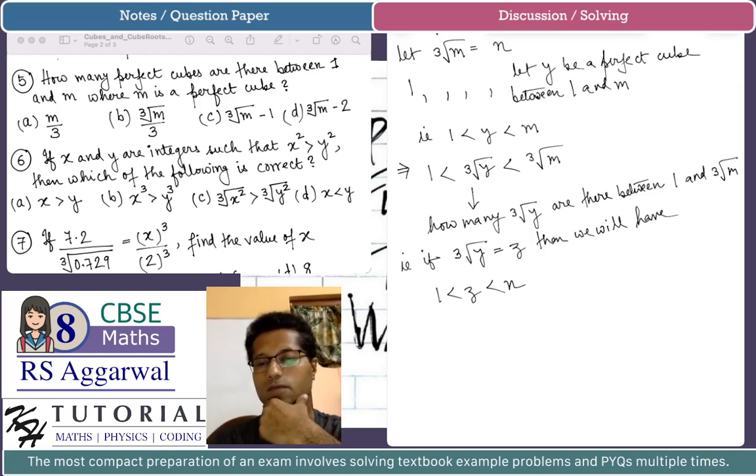And we were asked to find how many perfect cubes, that is how many y's, are there between 1 and m. The answer is how many cube roots of y are there between 1 and cube root of m. That is, if cube root of y is equal to z, then z will lie between 1 and n.